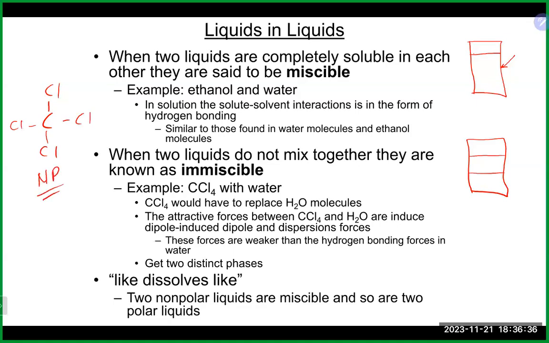And because it's a nonpolar molecule, in terms of intermolecular forces, it's going to want to use dispersion forces. And that's different than water, which obviously is a polar molecule and has the ability to hydrogen bond. And what it's going to want to use is basically that, hydrogen bonding.